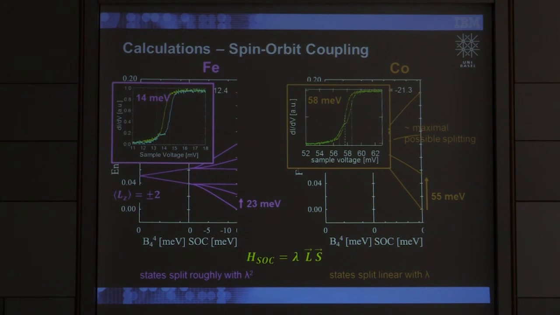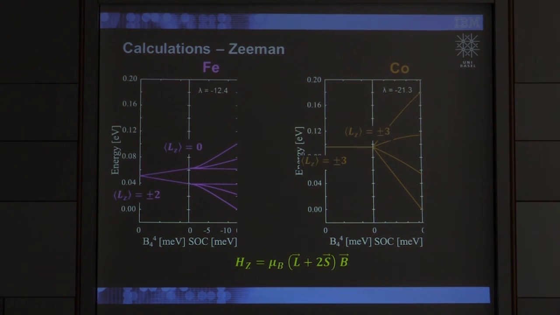So the results are pretty similar, but keep in mind, this is slightly larger than the experimental value, but I didn't use any fitting parameter. This is only DFT values and all tabulated spin-orbit coupling constants. So no fitting parameter still gives a very good result in this term. And it definitely gives the same order of states, so the same qualitative behavior as the multiplet calculations as a fit to the XMCD results.